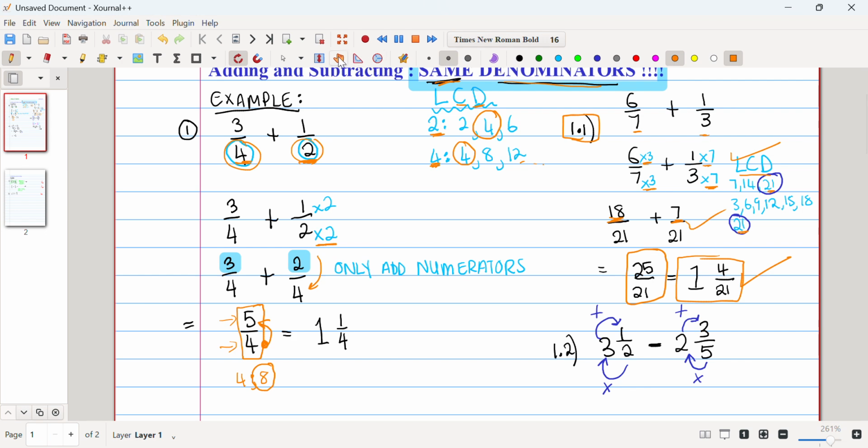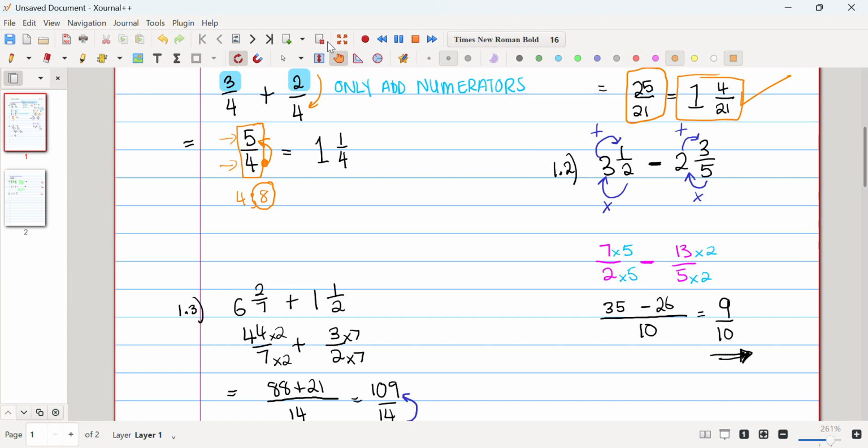Okay, let's have a look at 1.2. Right, guys, this is the first time in this video where I'm showing you how to convert from a mixed fraction into an improper fraction. So guys, it's very, very simple. All you got to do is follow this rule every single time.